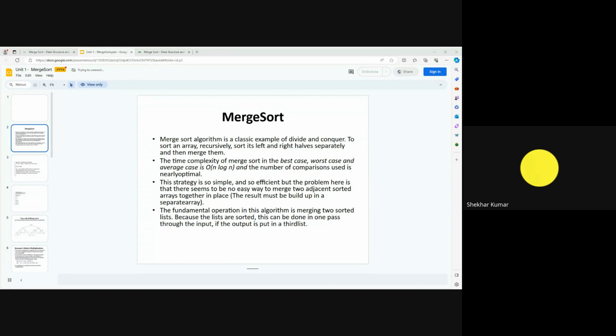Another approach is merge sort. Merge sort is a sorting algorithm, in which you arrange the elements either in ascending order or in descending order.